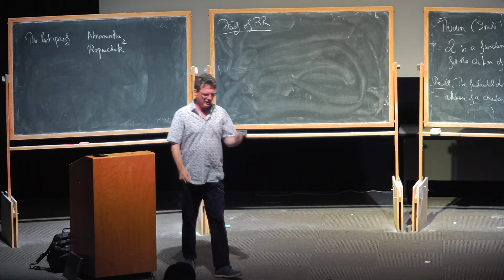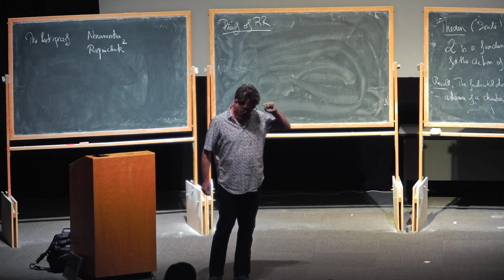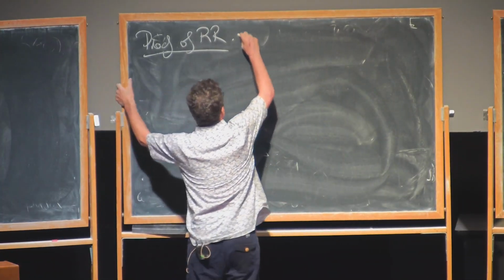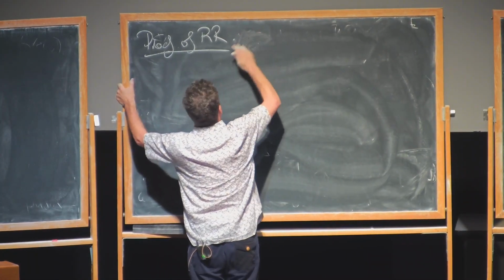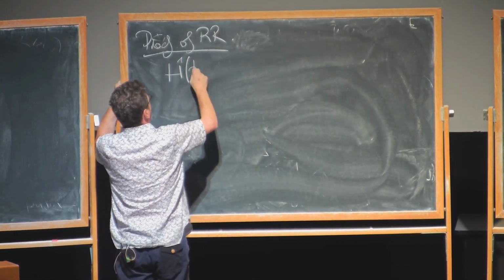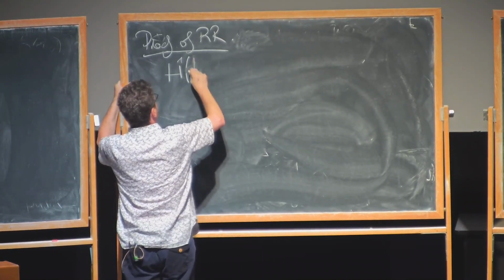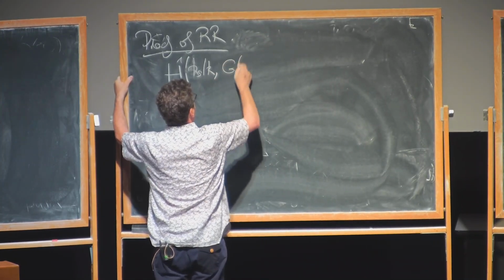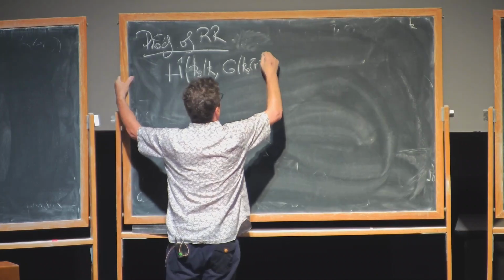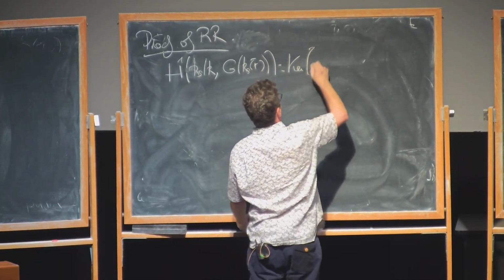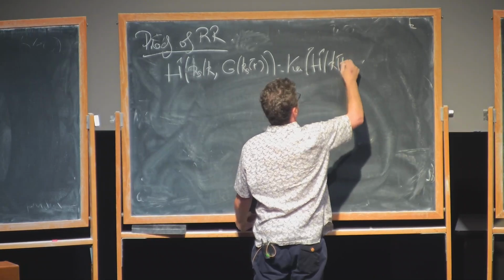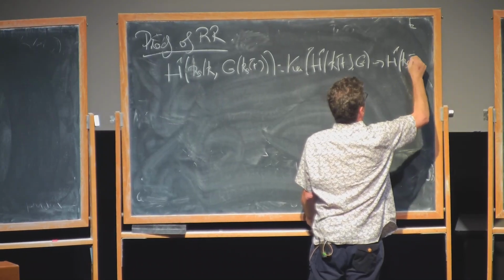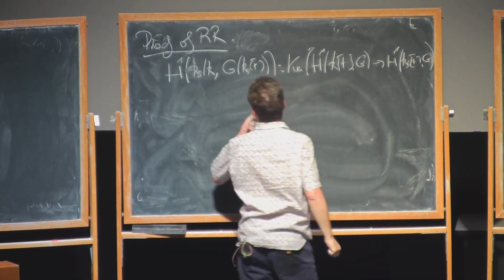So remember, it was about an A1 torsor which trivializes over K^s. Concretely, we are given: if you take the Galois cohomology of K^s, this is the same as this kernel, H1(K[t], G) going to H1(K^s[t], G).